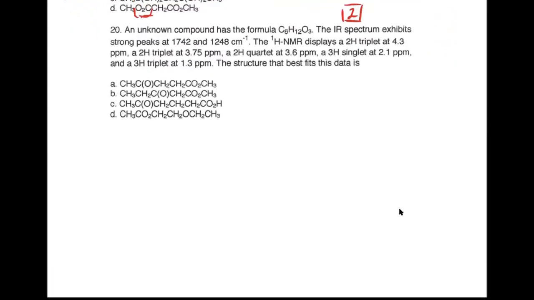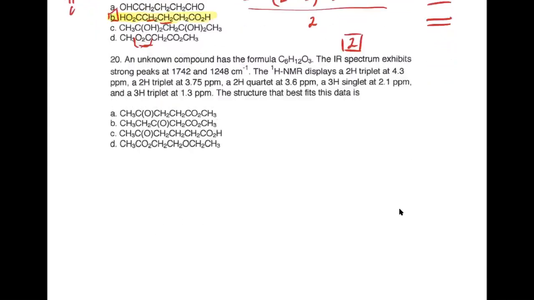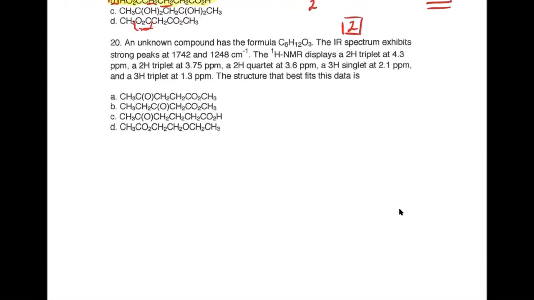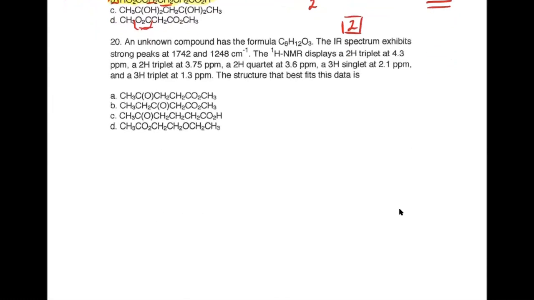And then for 20, we have an unknown compound that has the formula C6H12O3. We want to find the unsaturation for that one as well. We do 2 times the number of carbons plus 2 minus the number of hydrogens.